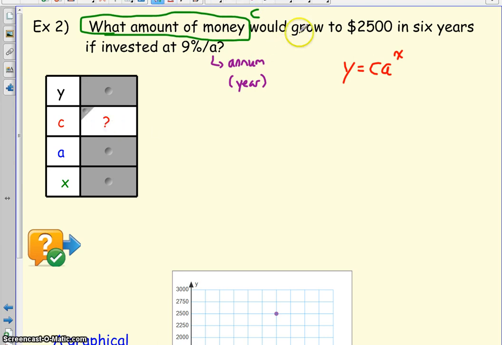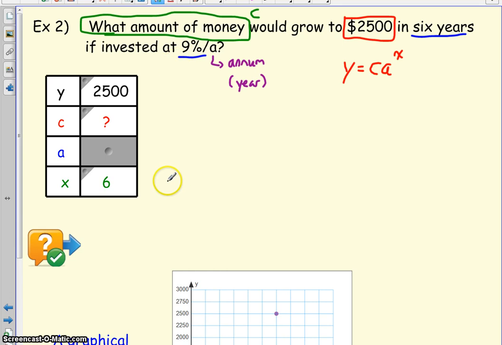Okay, we want it to end up at $2,500. So if we want to end at $2,500, that should be our final amount, which is y. We're told it's going to take 6 years, so that would mean x is 6. And we're told it's invested at 9% a year, which means the amount of money that we're gaining is 9% of our money each year.